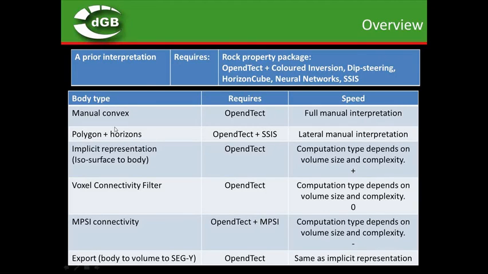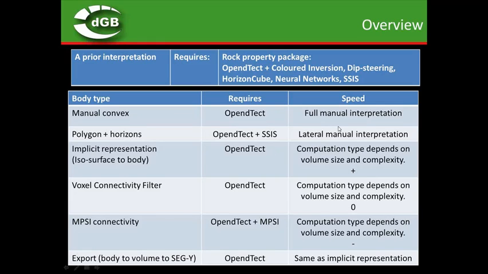When you use polygons and horizons instead of full manual picking, you will need the additional SSIS plugin. So this kind of geobody created from a polygon and 2 horizons is part of the SSIS plugin.